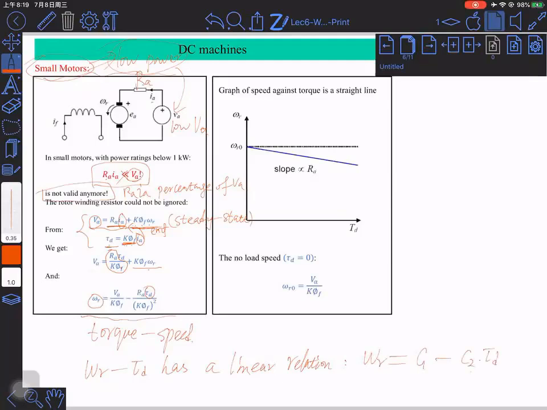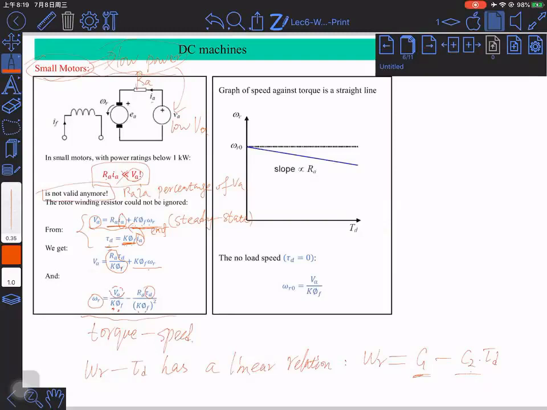And why do we say those are two constants? Because usually we don't change the armature voltage. K and the field flux are comparatively constant, because K is definitely constant, and flux, if you don't change the field excitation current, is constant. And the resistance is usually constant once you design the machine.